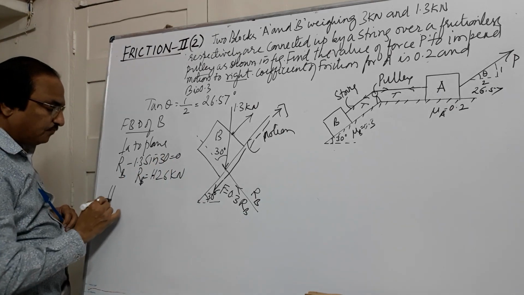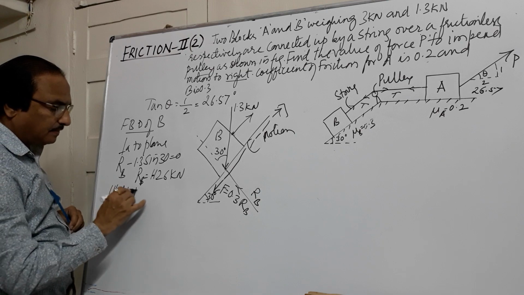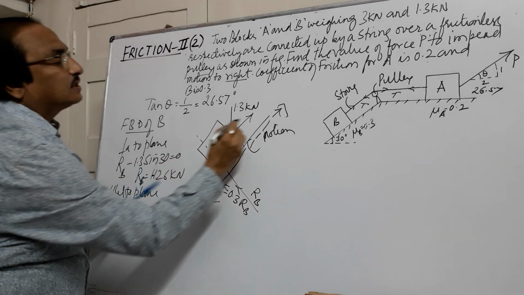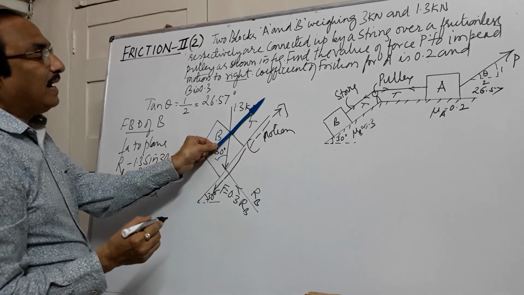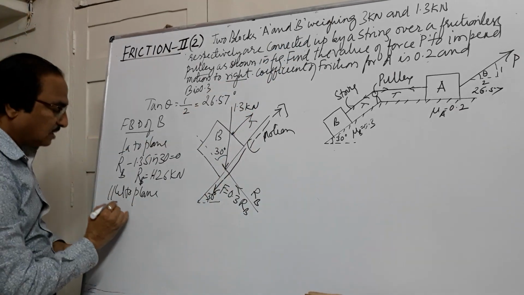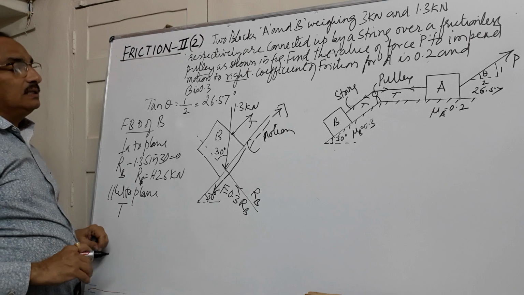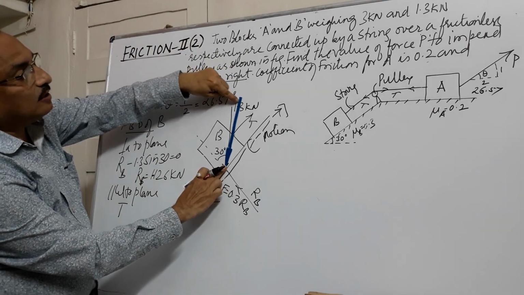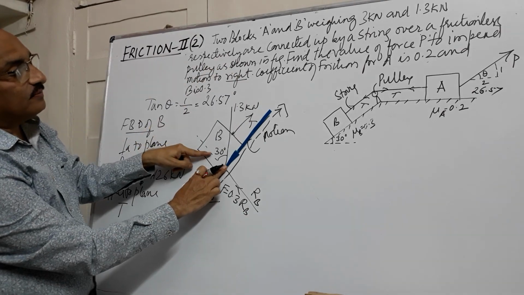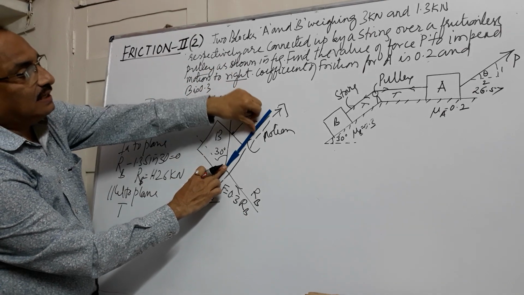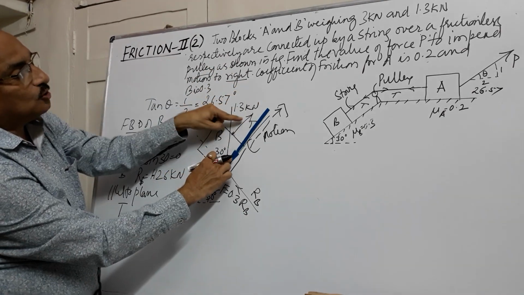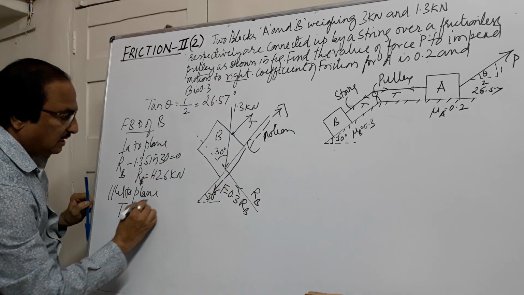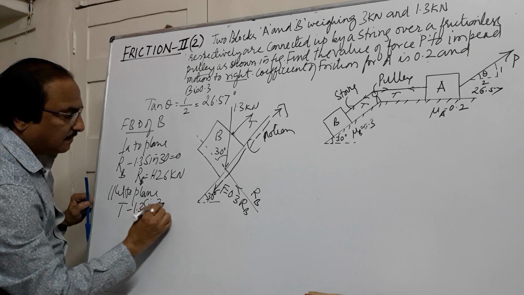Now let us resolve the forces parallel to the plane. This tension is acting parallel to the plane towards right, so this will remain as T. Then this force 1.3 kilonewton, if I resolve it parallel to the plane, I am going away from the angle. Away is sine and the direction is towards left, opposite to T. So this will be minus 1.3 sin 30.